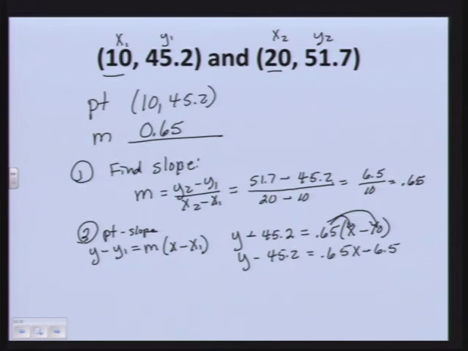So now adding 45.2 to both sides, I end up with y equals 0.65x plus 38.7. And that's our equation now that we're going to work with in the next part of the problem.